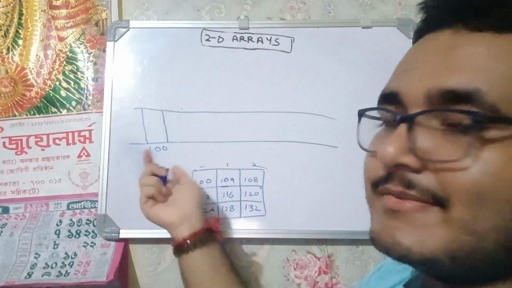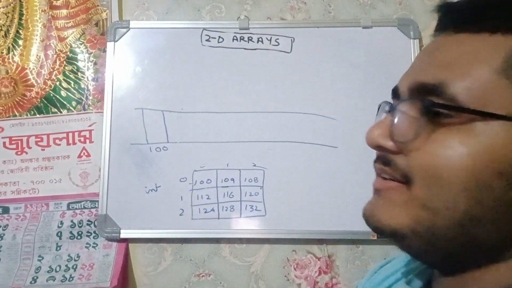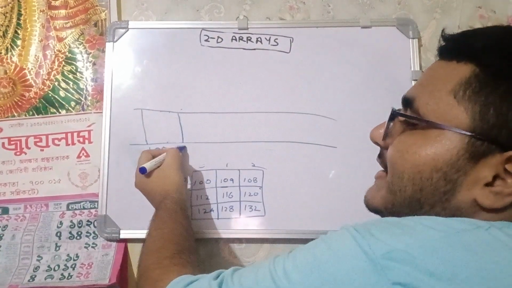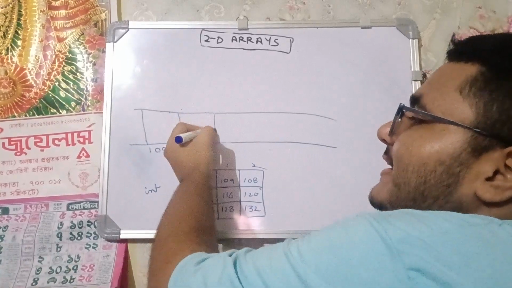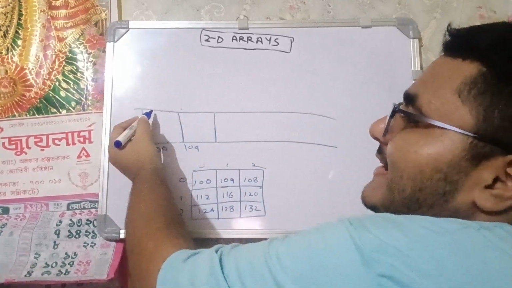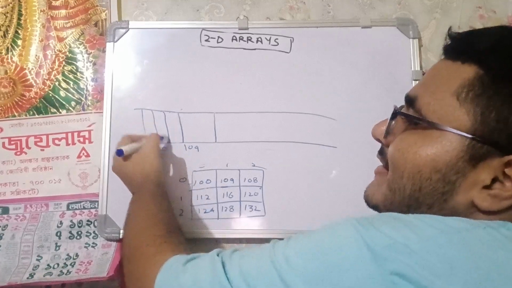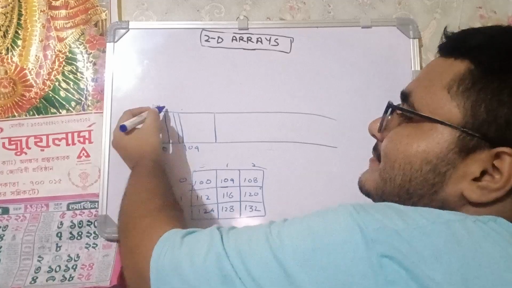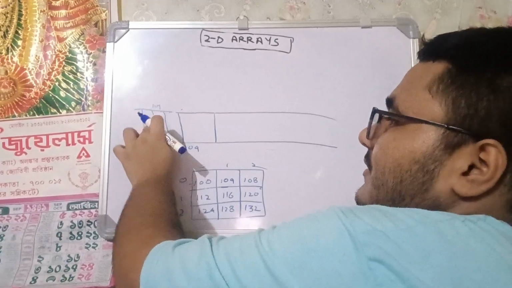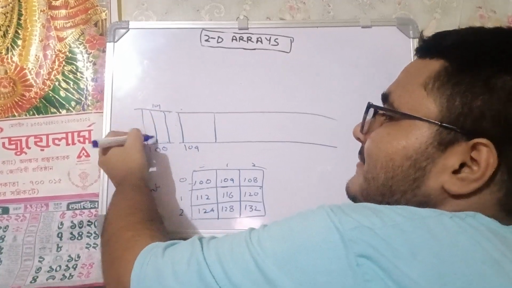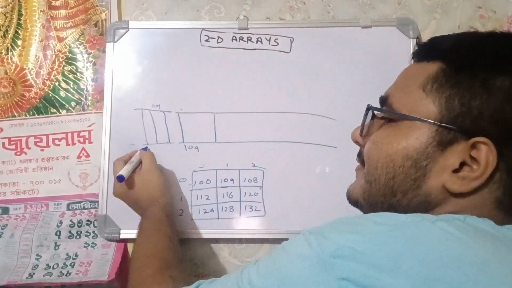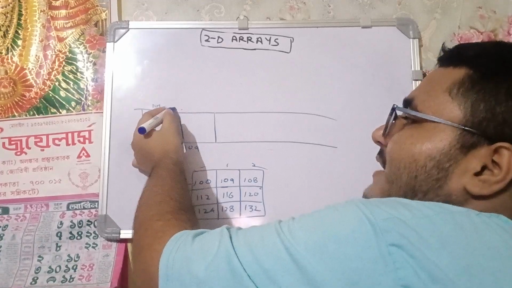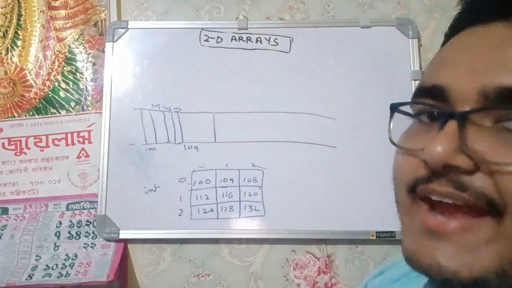This is saving 100, and suppose up to here it is taking 100 to 103, then the new block is starting from 104. Here there are 4 bytes from 100, this is 101, this 102, 103 and so on.